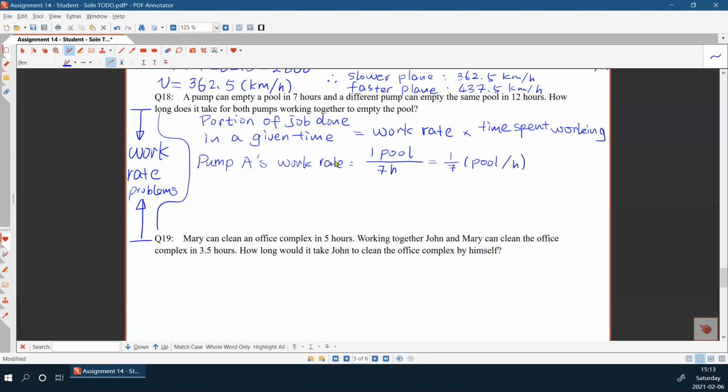This is the work rate of pump A. So how about pump B? Pump B's work rate is 1 pool. It can empty 1 pool in 12 hours, right? 1 pool over 12 hours means in each hour, it can empty 1/12 of the pool. Okay, understand? We have a problem here.